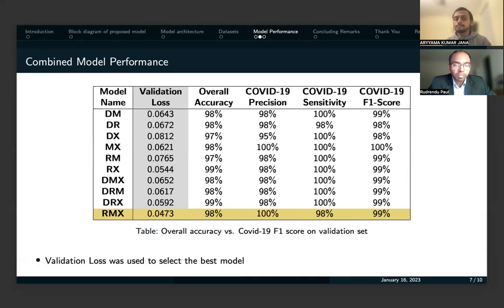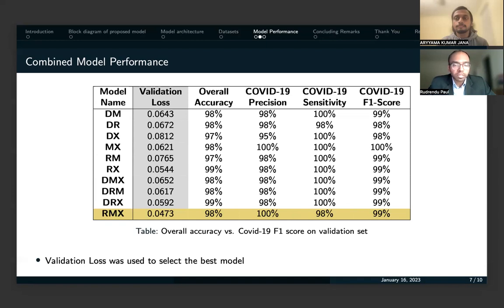Here we have concatenated the features from the individual backbone models. DM, for instance, refers to combining the DenseNet and the MobileNet models, and RMX refers to the ResNet, MobileNet, and Xception models. As we can see, the overall accuracy, precision, sensitivity, and F1 scores are similar across the different models.